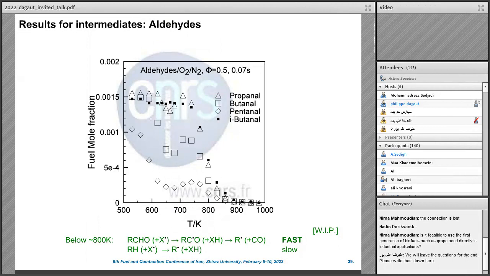We also use methyl octanoate to represent the biodiesel fraction of a fuel. And so we did many experiments. I will just illustrate this with these three different figures.